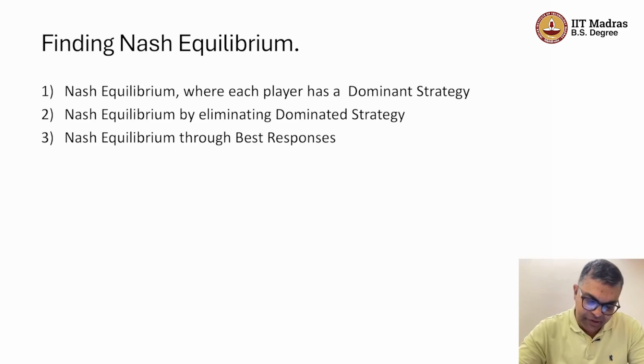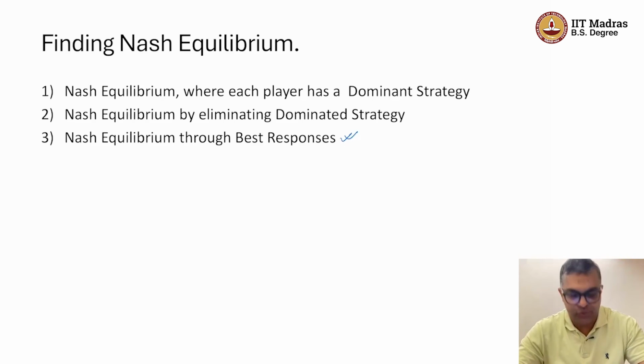And third, we have already seen two ways in the third category using the best responses: one, that we get the best response correspondence, and second, we hypothesize that this is a Nash equilibrium and check that indeed each player is playing a best response to what the other players are playing. And these would be the ways to obtain Nash equilibrium.